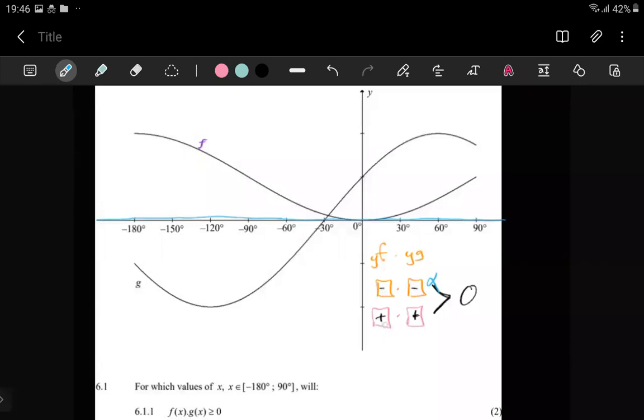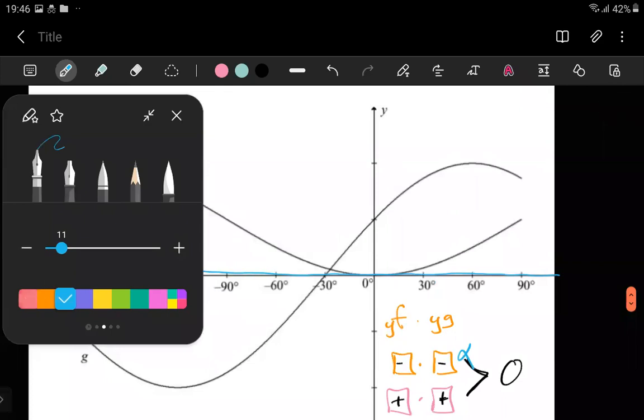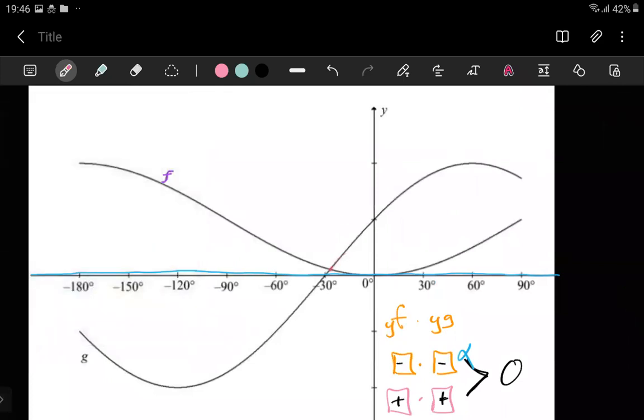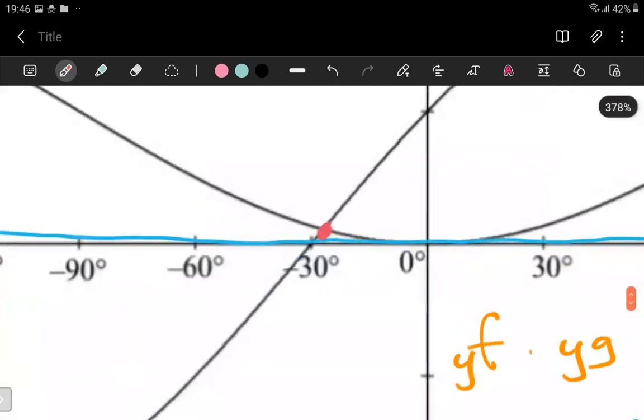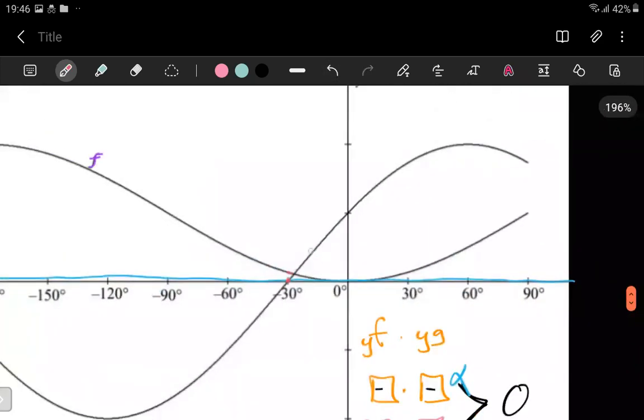But there is a scenario where both have positive y values at the same x values. And that's happening from this specific x value, where these two graphs are meeting each other. Or not necessarily only that. It's actually from negative 30, from negative 30 all the way until 90.